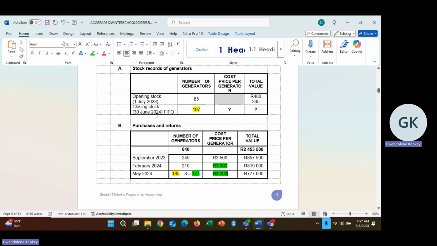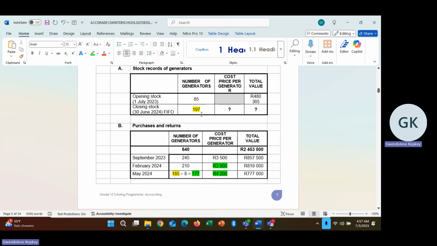Because the price per unit will now be different for the 2 months. So what is the summary? I have 177 left for the month of May. That doesn't bring me to the 197. Therefore, I make the deduction that I must have 20 items left of the month of Feb at the price of 3,900. Why is that? Because I'm working towards the 197.